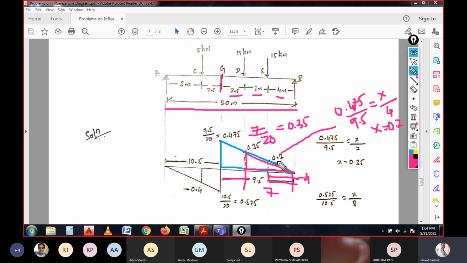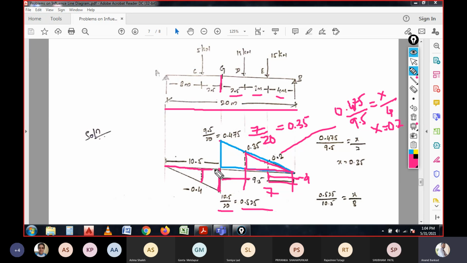This is how the x value is obtained, and at the same time it is also calculated here. How is it calculated at this point? At point G, the total length remaining is 10.5 when 9.5 is considered on the right side. In this 10.5, with a total length of 20, 10.5 by 20 will be 0.525. So we need to consider the coefficient at this location for the total span, 0.525.